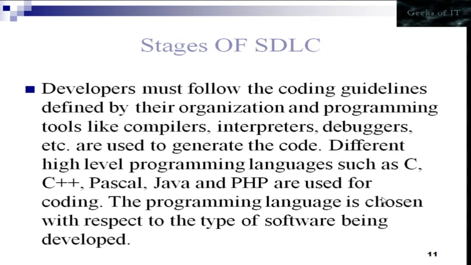The programming language is chosen with respect to the type of software being developed, whether it's a desktop application, an Android application, or a web application. On the basis of that, different programming languages are selected for developing a specific software.